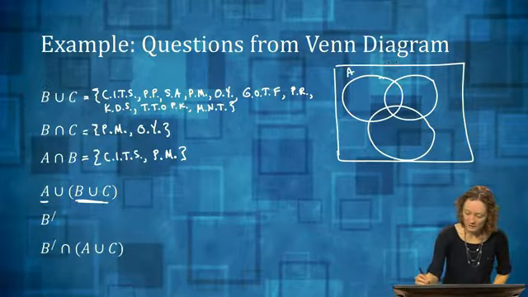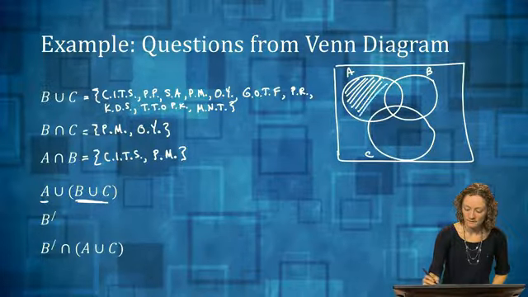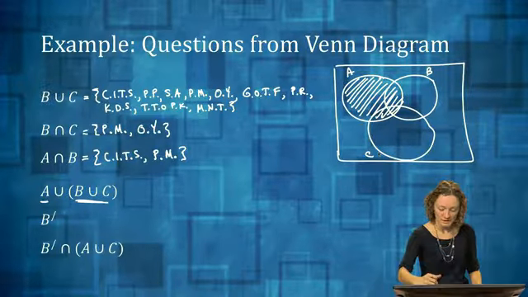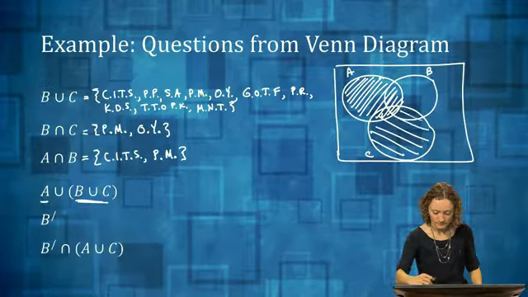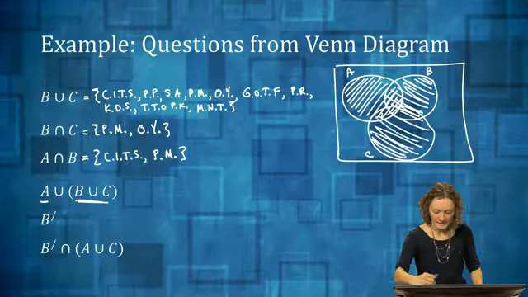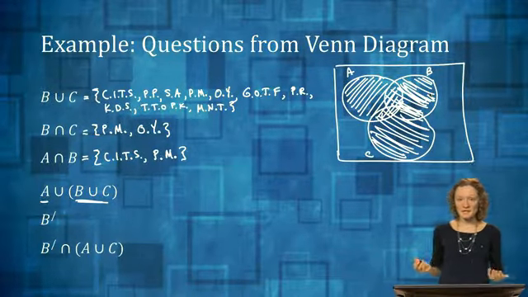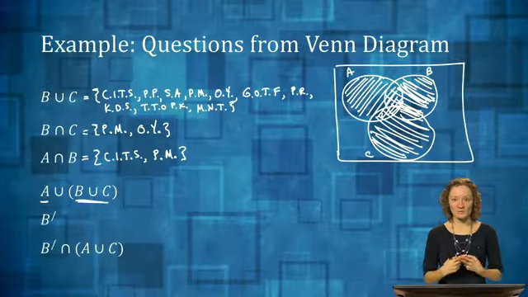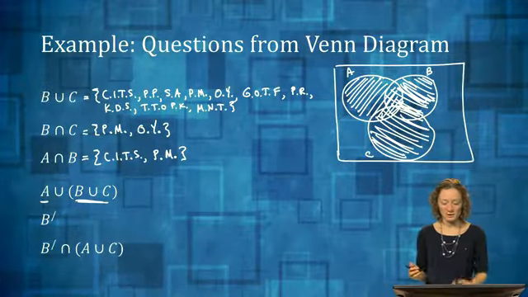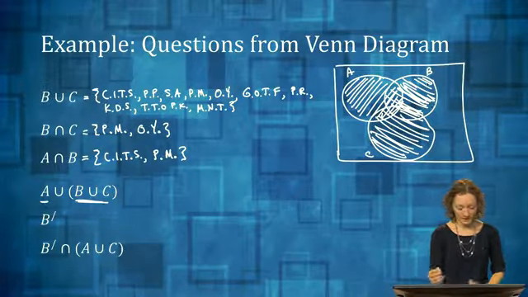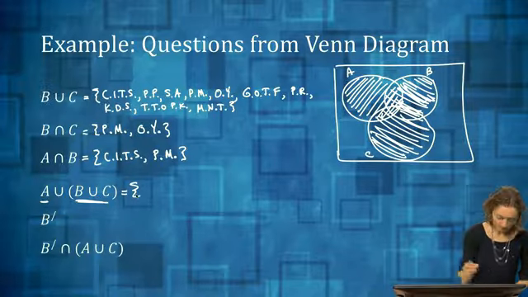So first we have circle A, and then we have that being compared with B union C. And since it's the marriage of these two things, it's everything that you see shaded. If it was the intersection, we would only be looking at where the two types of shadings overlapped. But since it's a union, it's everything from each of these two areas. So basically everything inside of the circles.